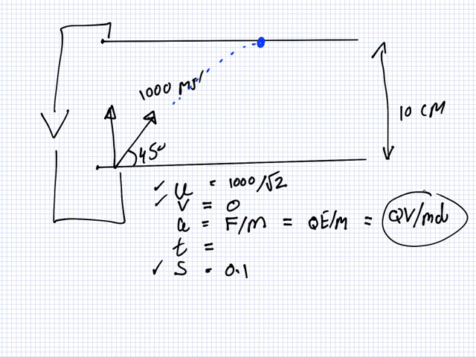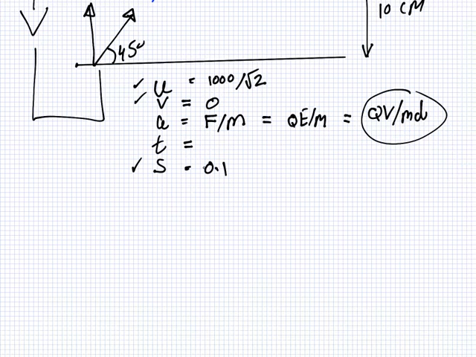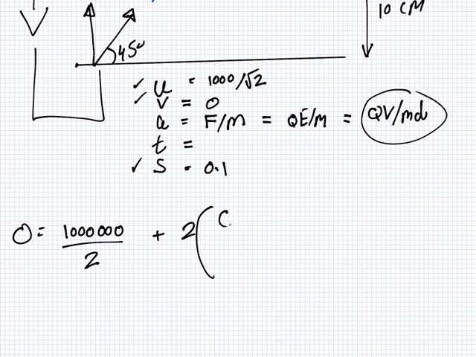The voltage. Okay, what formula gives me the A here? V squared equals U squared plus 2AS.